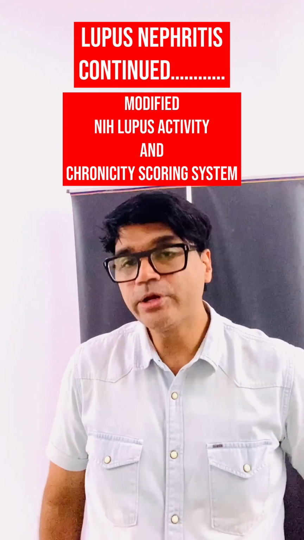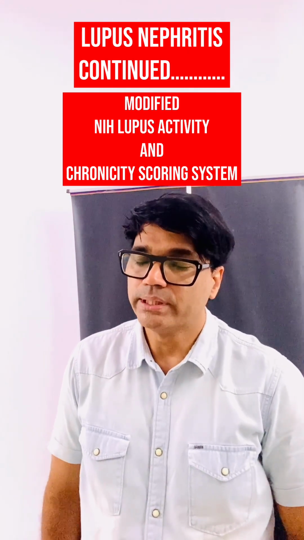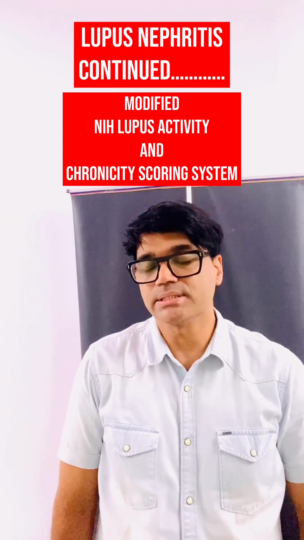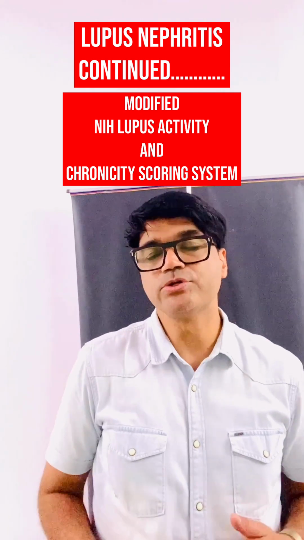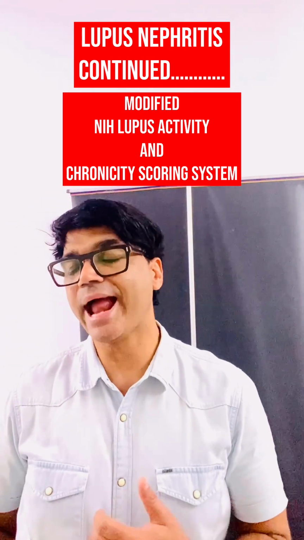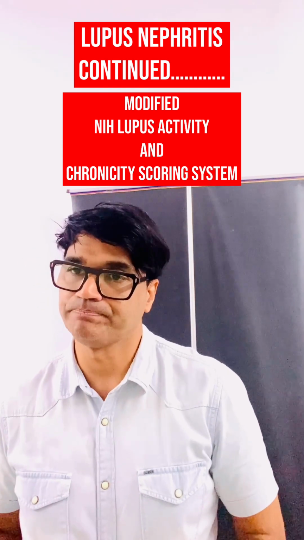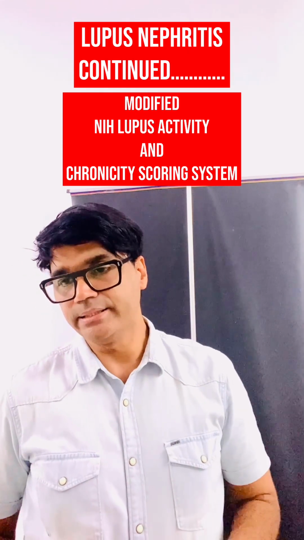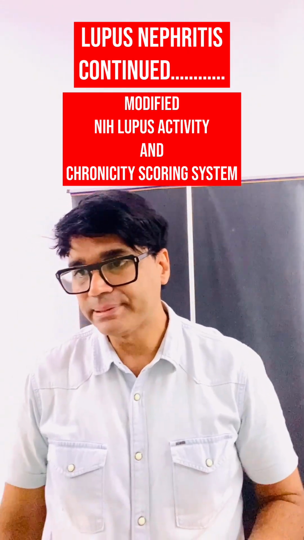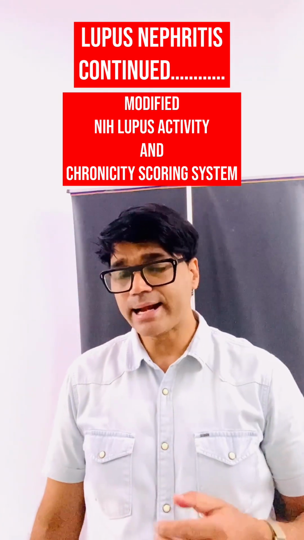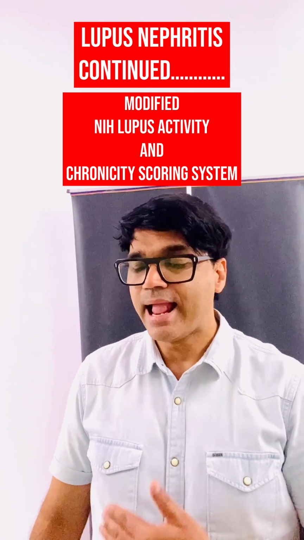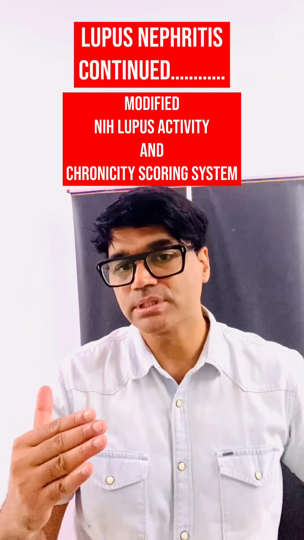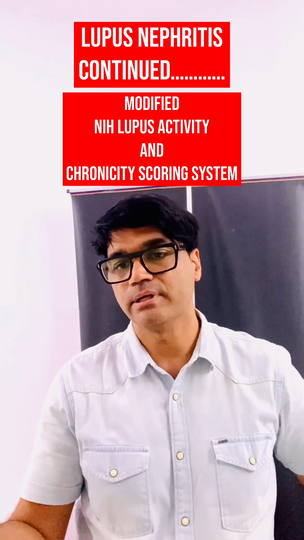So, in the continuity of lupus nephritis, we are supposed to discuss the modified National Institute of Health lupus activity and chronicity scoring system. And how do we describe it? Basically, the National Institute of Health lupus nephritis activity and chronicity indices comprise 6 activity scores and 4 chronicity scores.